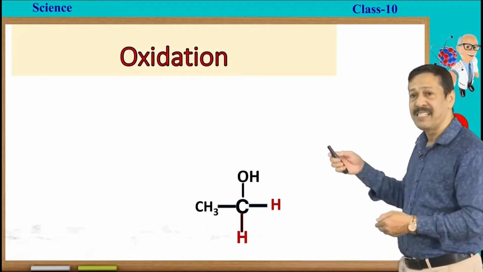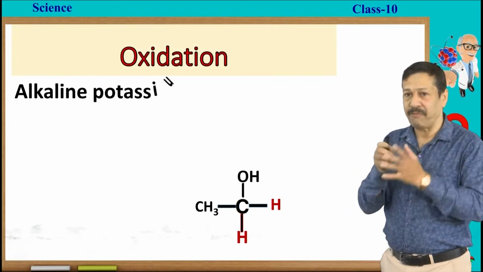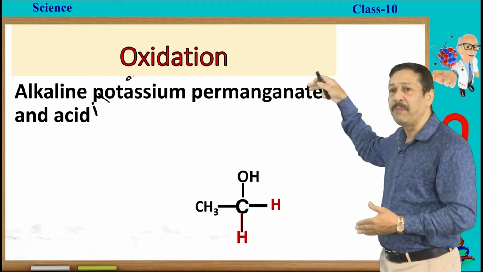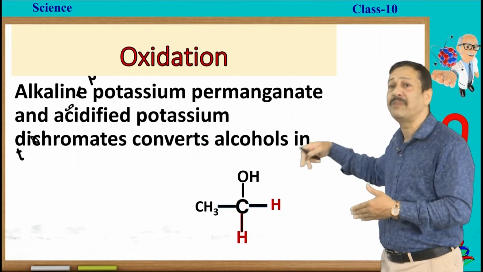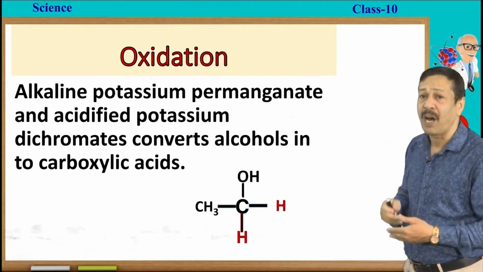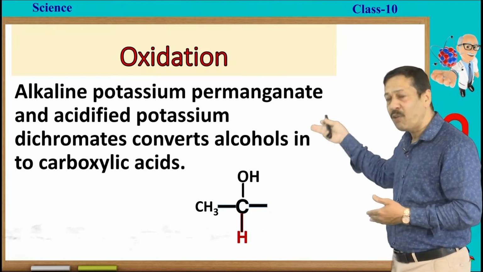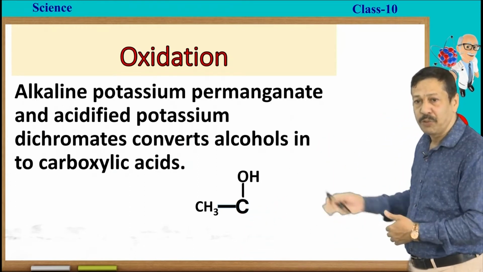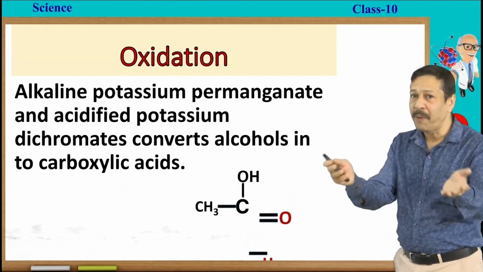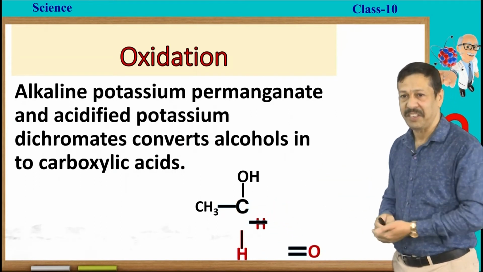Now see this animation, observe carefully. When alkaline KMnO4, that is potassium permanganate, and acidified potassium dichromate are added to alcohol, they convert alcohols into carboxylic acid. What are you observing here? 2 hydrogens were removed. Removal of hydrogen is, yes, oxidation.